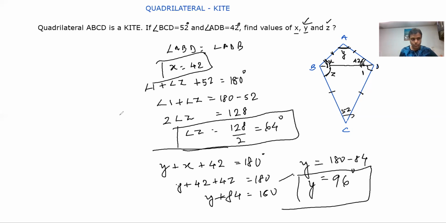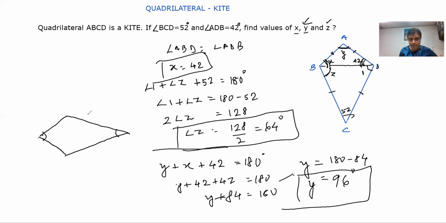One thing I want to tell you before I go, that in a question, they can also give you a flat kite, or the kite in the horizontal form. Now, please remember, this angle is not equal to this angle.